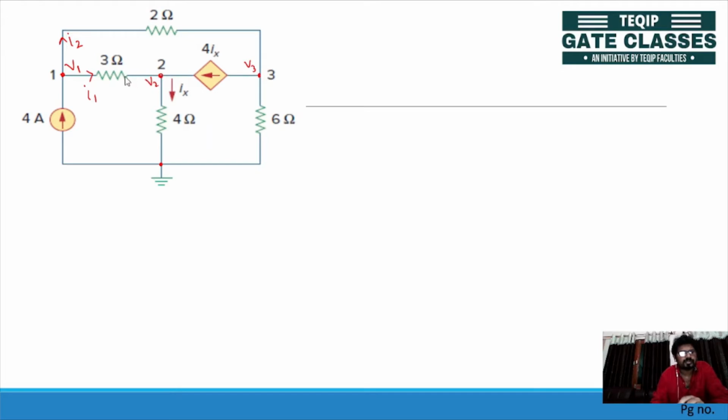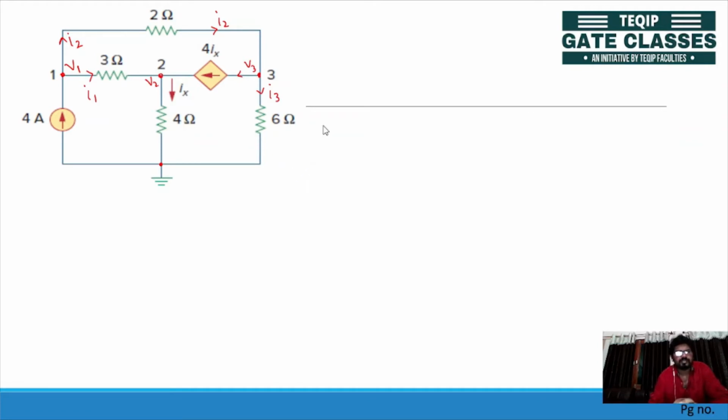The current in the 3 ohm branch is I1, already assigned, and the current in the 4 ohm branch is Ix, which is given. Here is the dependent current source, so no need to assign a current at node 2. Come to node 3. This I2 is coming here, the same current we assigned earlier. Here the dependent current source is present, so no need to assign. Here let's assign a current I3.